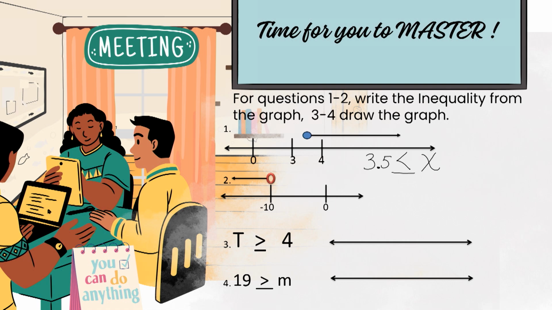All right, number 2, I have an open circle, so that means it cannot equal. So I'm going to say that negative 10 is going to be bigger. Why? Because my graph is going to my smaller numbers, my unknowns. Or if you like to write how the arrow is going, you can put your unknowns is less than negative 10.